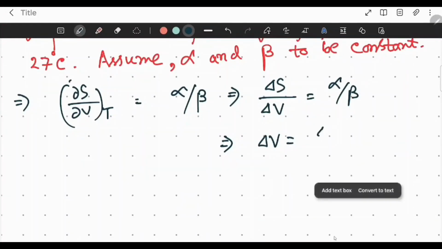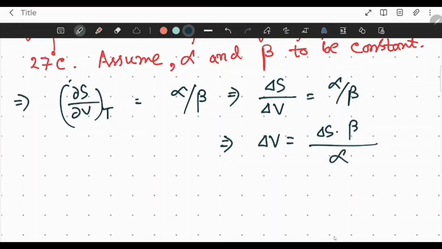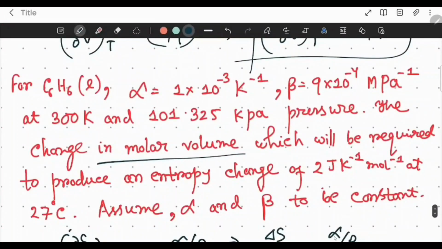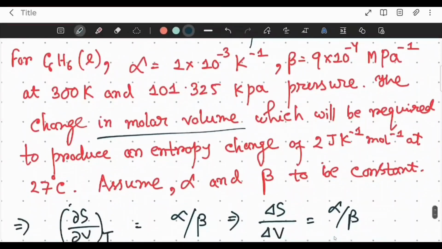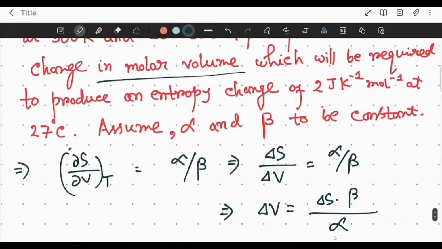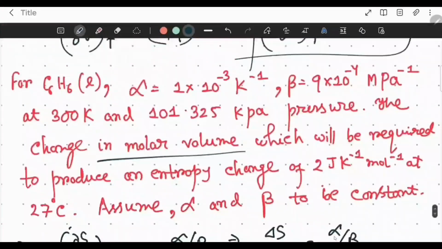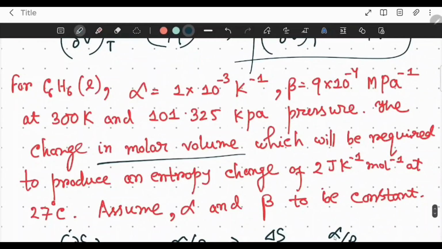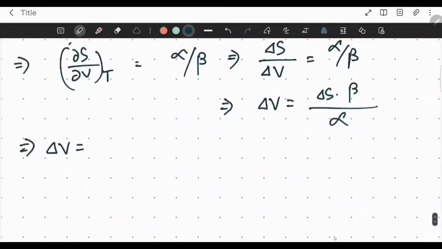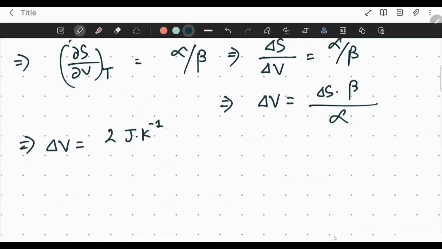It will be del S into beta by alpha, and this will be for 1 mole, the change in molar volume, obviously. So now you have to just put the values. Del S is the entropy change, 2 joule Kelvin inverse mole inverse. So that means it's for 1 mole, so it will be del V bar eventually.